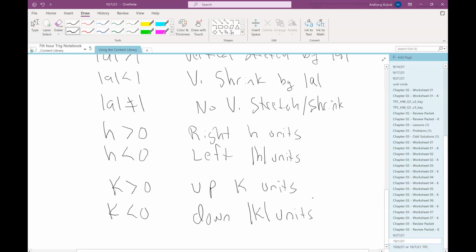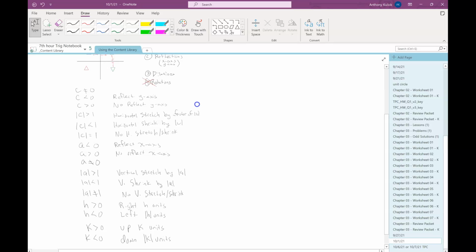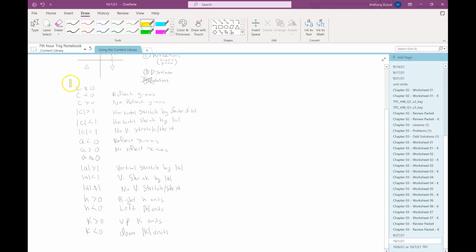You should recognize most of this from last year in your Algebra 2 course, right? When we talked about parent functions with regard to these different function groups. So we always had this A, H, and K. The C is maybe new for some of us, but again, this is all stuff that you'd want to make sure you know.